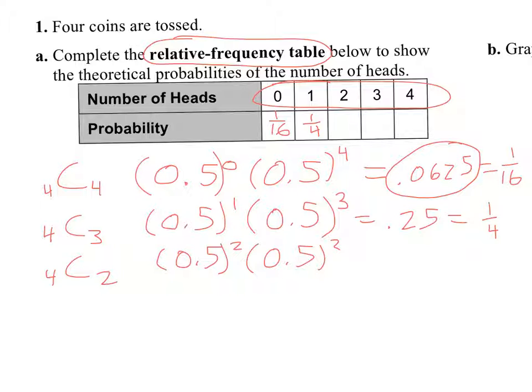So to account for all those different orders, we have 4C2. 4C2 equals 6. So 6 times 0.5 twice, times 0.5 2 more times, and we get 0.375. And if you push math and then frac for fraction, you'll get that that is 3 over 8.